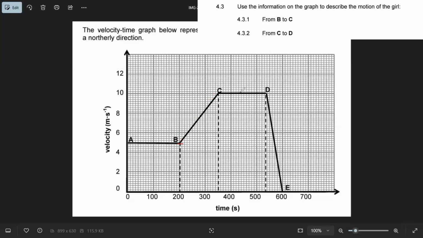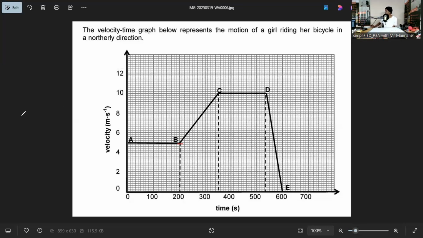And for 4.3.2, we have to describe the motion for CD. One can see that there is no change in velocity between point C and point D, because throughout that it remains the same.